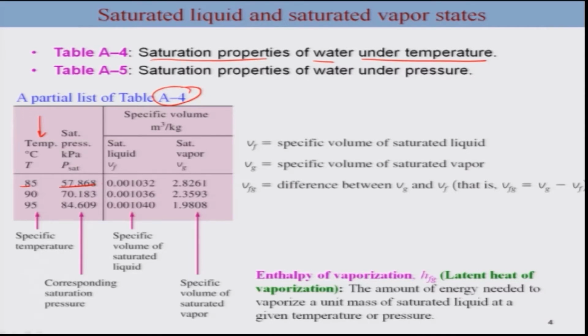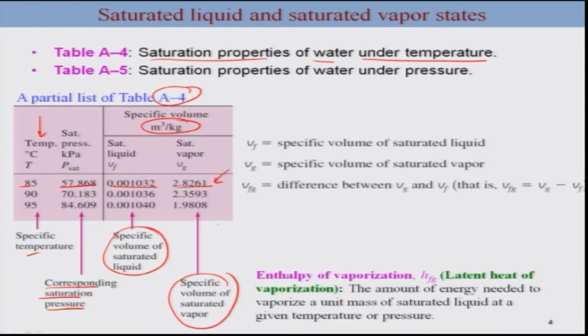Okay, and the corresponding saturated liquid and saturated vapor specific volumes are given in this, in units of meter cube per kg. So this is your temperature, this is your corresponding pressure, this is your specific volume of saturated liquid and specific volume of saturated vapor.